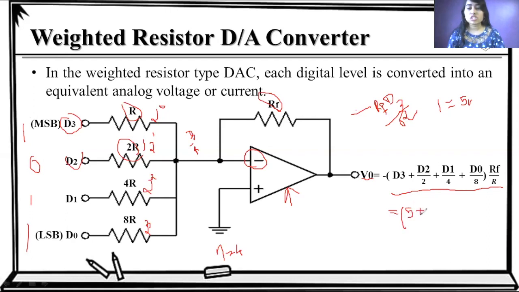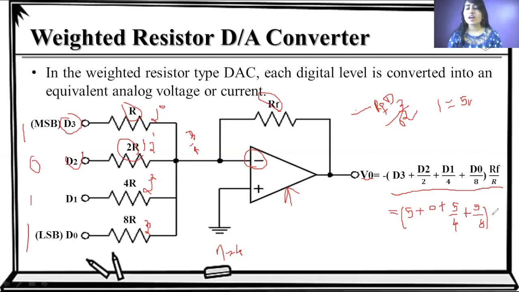Then D2 is 0, that means 0. Then D1 is 1, so we have 5 divided by 4. Then D0 is 1, so we can write this as 5 volt, because logic 1 is equal to 5 volt, divided by 8. And for example, RF and R both are equal.